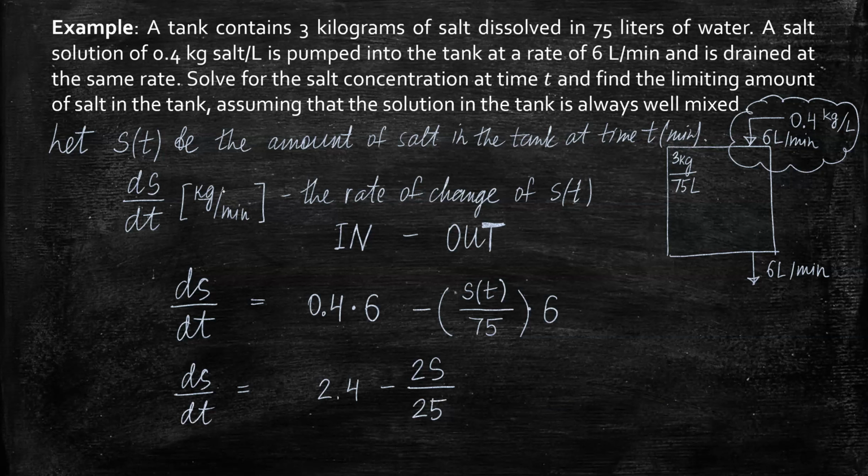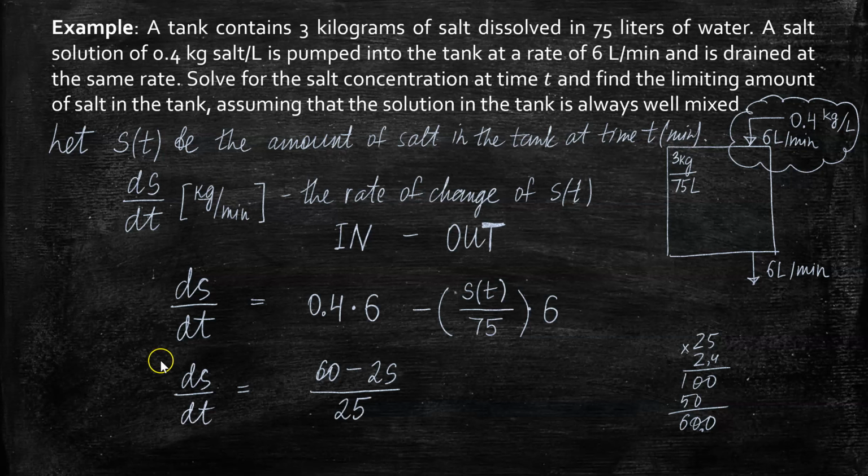So 25 times 2.4 is, so it's 60. So 60 minus 2s over 25. And as you can tell, this is a separable differential equation.